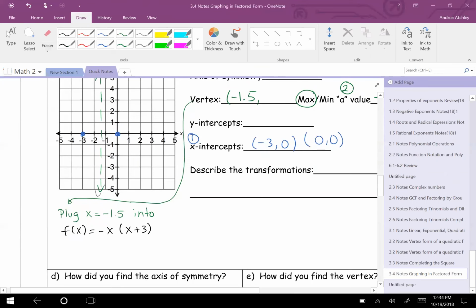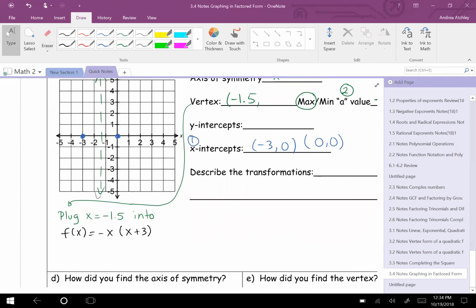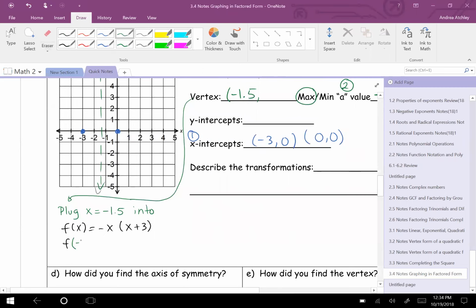Okay, so we're going to substitute that in. I know what x equals, and I'm going to find out what y equals then. So f of negative 1.5. Ooh, that was bad math on me. So f of negative 1.5 equals negative, when I plug a negative into a negative, makes this positive 1.5 times negative 1.5 plus 3.